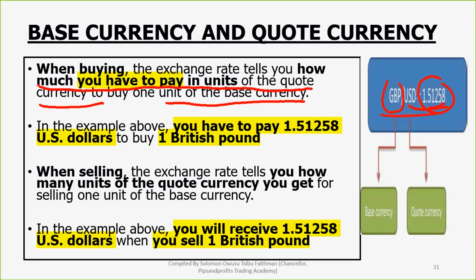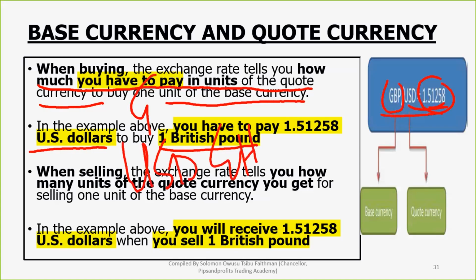Okay, so in this particular example, you have to pay 1.51258 US dollars to buy just 1 British pound. When we are to use the Ghana cedi, for example, the US dollar against the Ghana cedi, we are saying 7.8. This is the exchange rate.